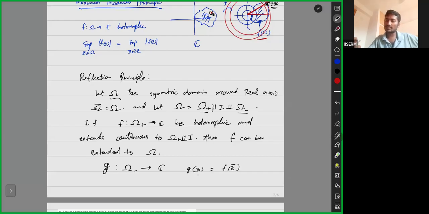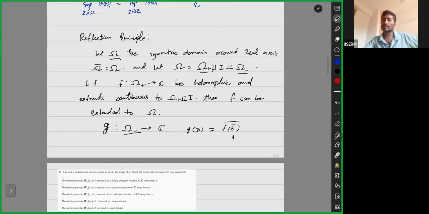Now this z is in omega minus, so z bar is in omega plus, so we can apply F of z bar. We are again going to reflect it around the x-axis or real axis, so we take its conjugate once more. And we see that this function is holomorphic. In some previous exercises, we have seen this.